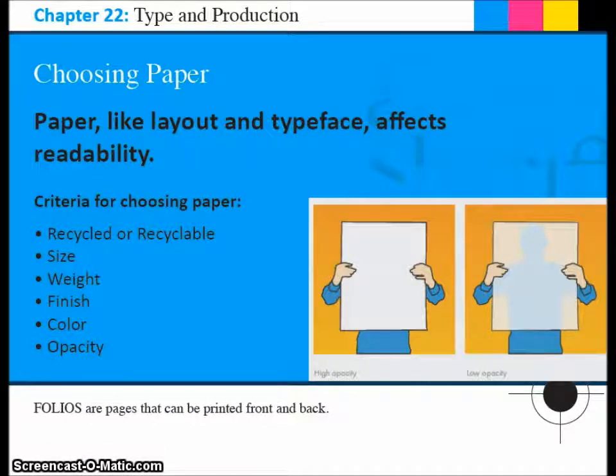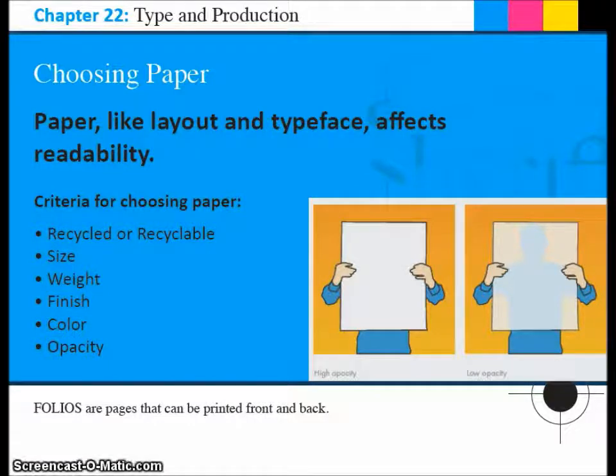We're going to talk about some of the criteria you would use for choosing different kinds of paper, such as whether it is recyclable or already recycled, the size, weight, finish, which refers to how glossy the paper might be, if it's a really rough piece of paper or if it's more glossy like our book is.